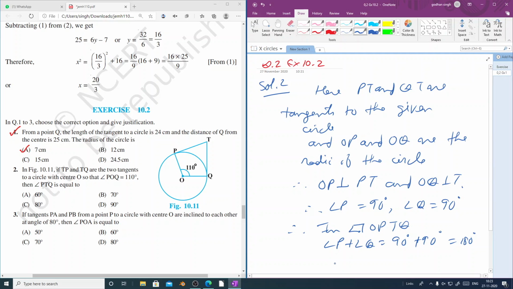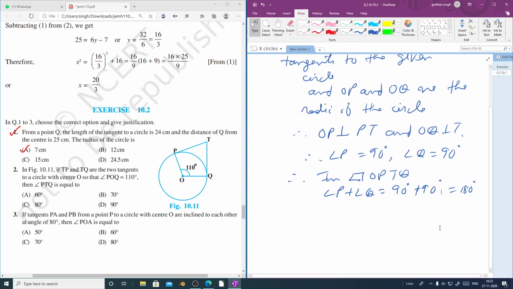And therefore, because the total sum of all the four angles of a quadrilateral is 360, we can say that angle O plus angle T equal to 180 degrees.